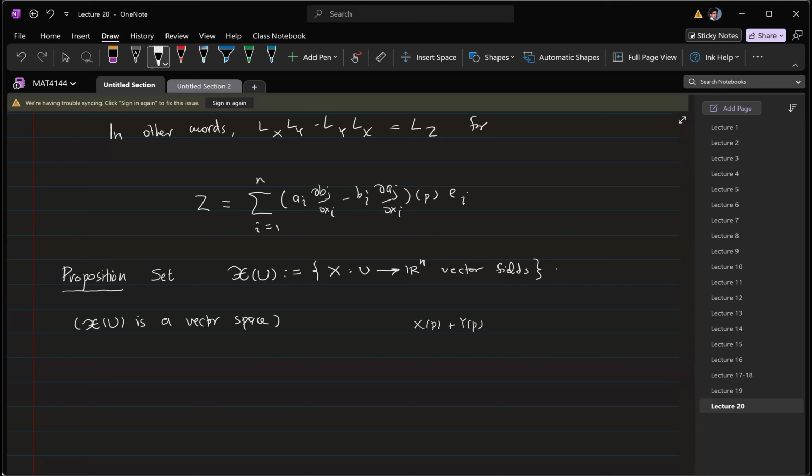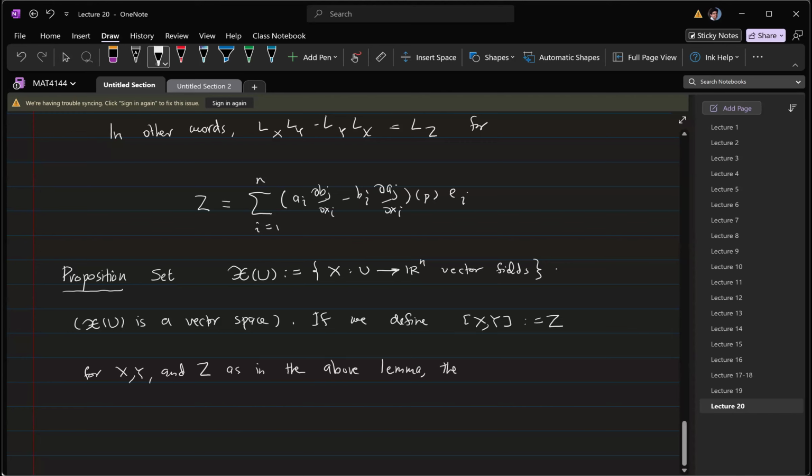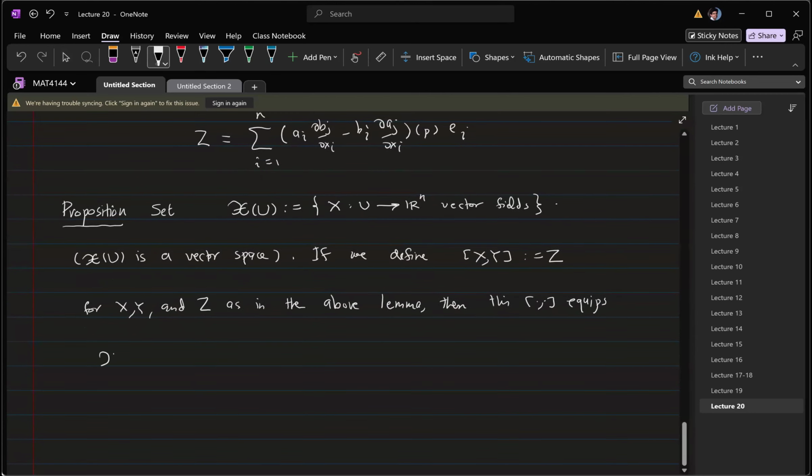It's not finite dimensional or anything. It's really large. But we just noticed that if we define the bracket of X, Y equal to Z, for X, Y, and Z as in the previous lemma, then this bracket equips X(U) with the Lie algebra structure.